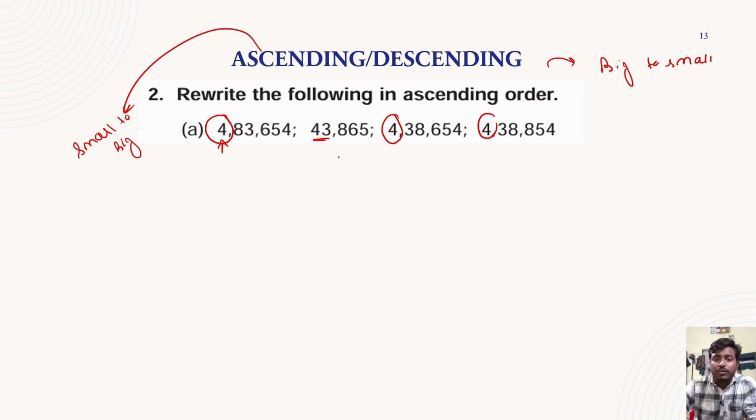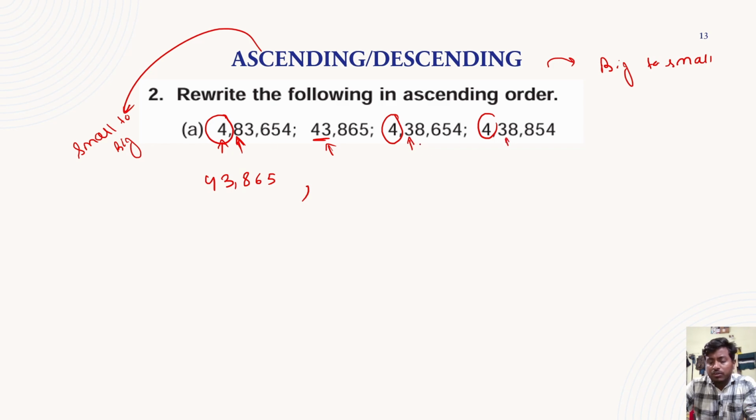So first we write the smallest, the thousand one, that's why first we write 43,865. Then here all the periods are equal, because 4 lakh. Then we check the next digit, that is the 10,000 place. In the 10,000 position, here is 8, here is 3, here is 3.